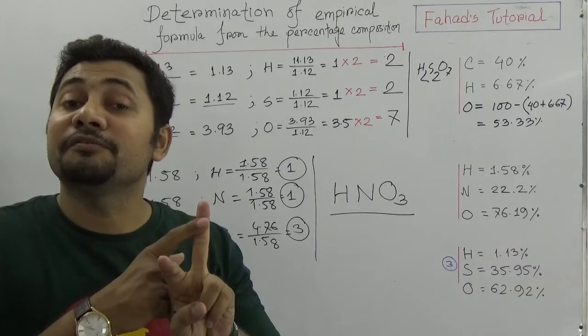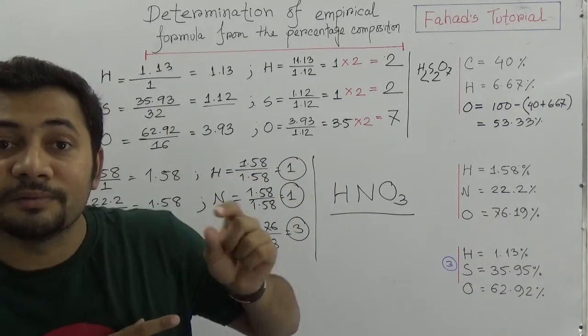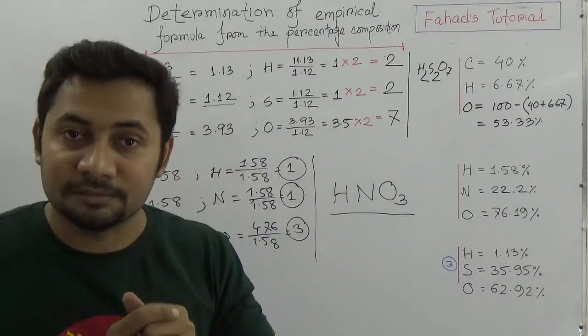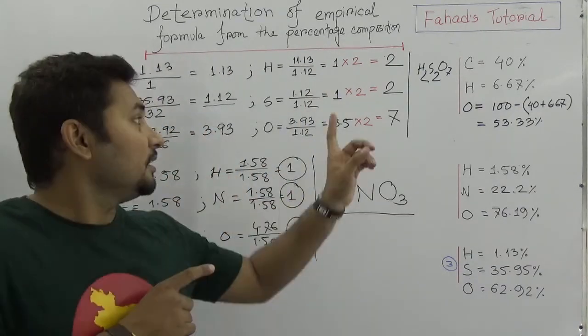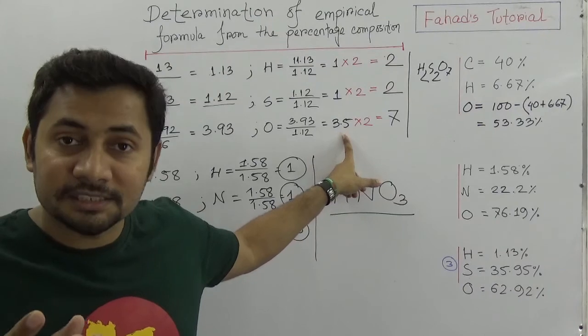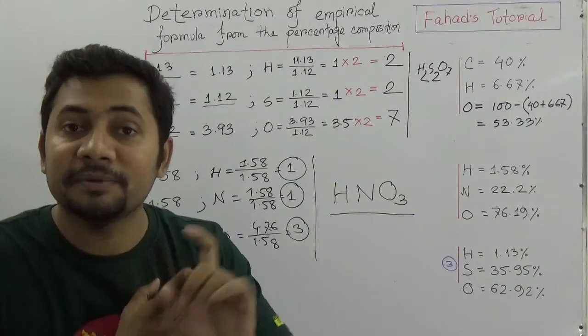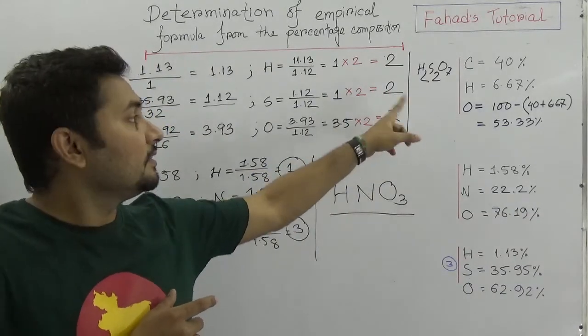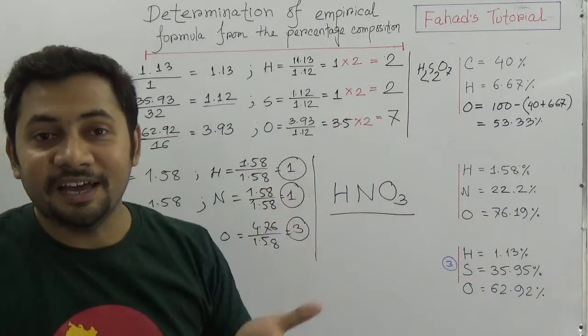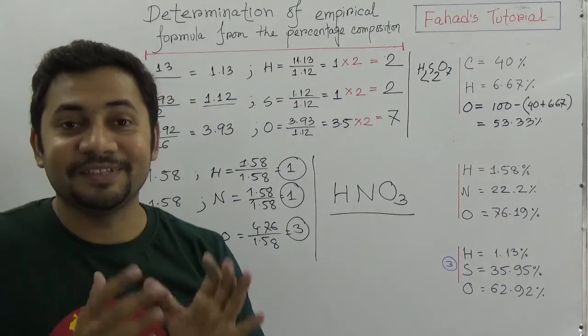Number two, you have to find the quotient and then divide it by the smallest quotient. And if you don't find any integer, and you get decimals or fractions, then you need to multiply by the nearest integer so that you can get whole numbers. And then you write it as the empirical formula of that compound.